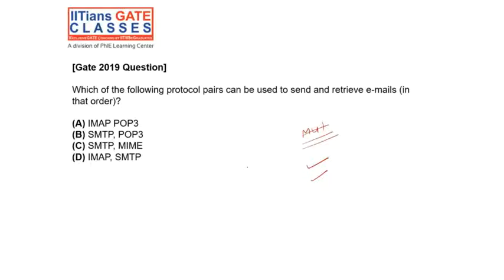Aditi Shrivastava is saying B. Which of the protocol pairs can be used to send and retrieve, in order? For send we use SMTP, and for retrieve we use POP3. So D is also there, but no, that is not used for sending. This is for retrieving, right? This is a GATE 2019 question, 1 mark.